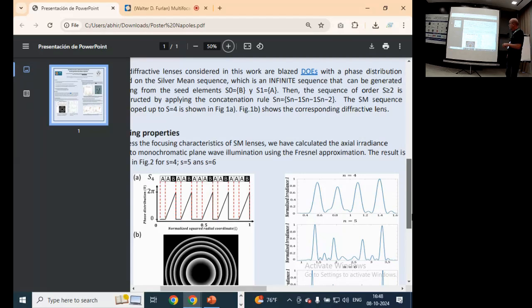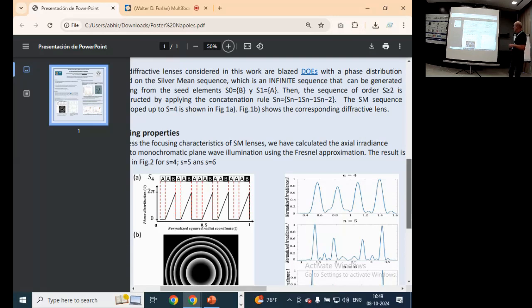And as you probably know, when one uses diffractive lenses in practice, we are interested in the focusing properties of the lenses. In the applications that I will present, we have obtained two different interesting properties of these lenses. The first one is that with this kind of phase distributions, the lens is quadrifocal.